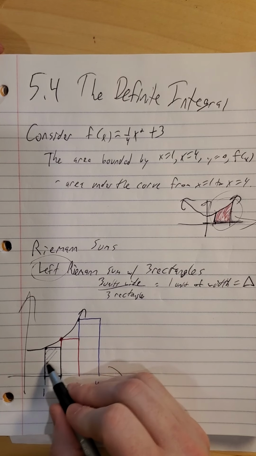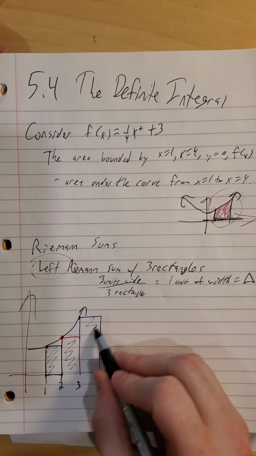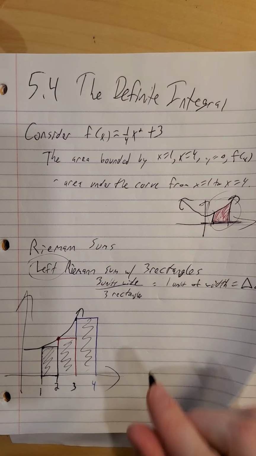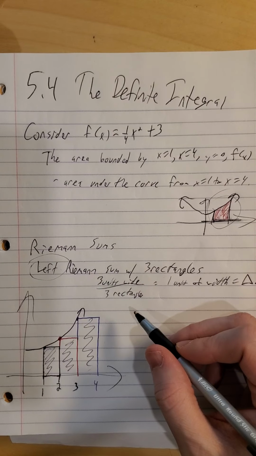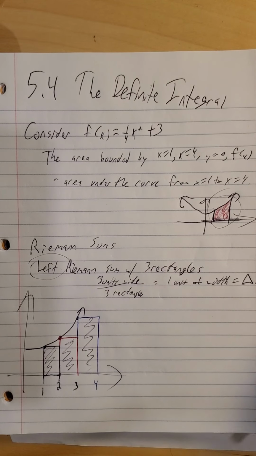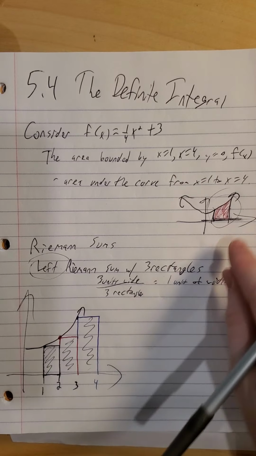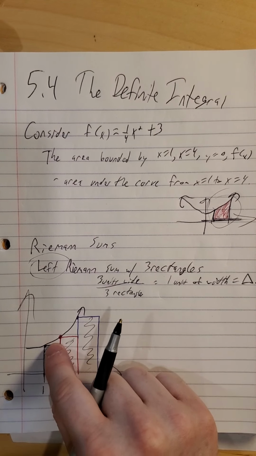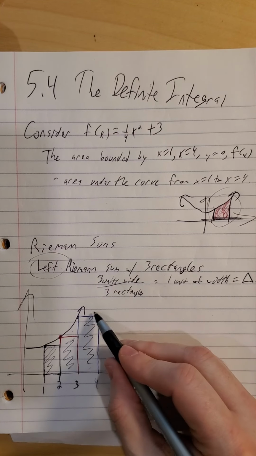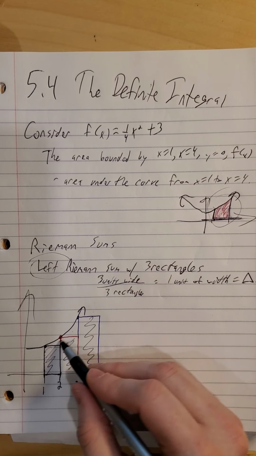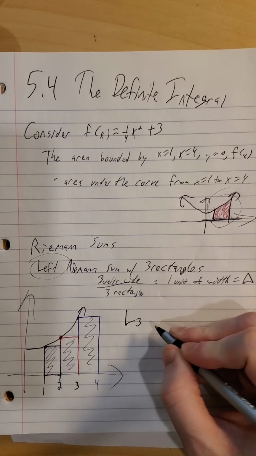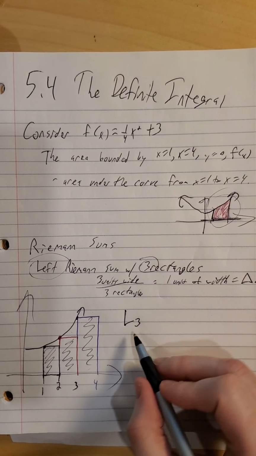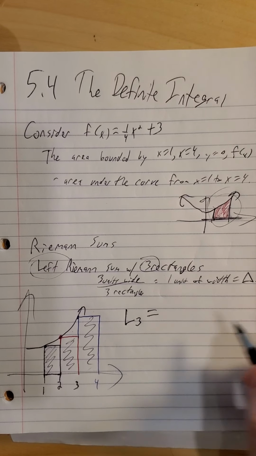So our area, I'm basically finding the area of those 3 pieces. And as you can see from our sketch, this is going to be a lower bound. This is going to be less area than is actually under the curve, because we have these small gaps appearing here between the curve and my rectangles. The notation for this, left Riemann sum with 3 rectangles, is written out as L3.